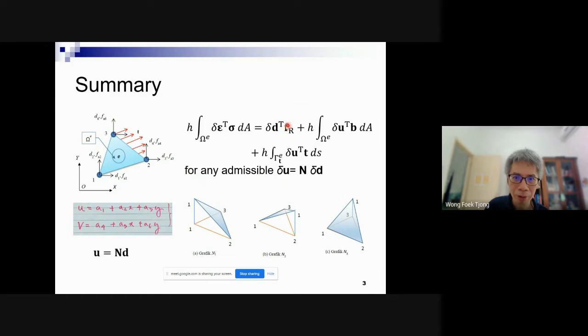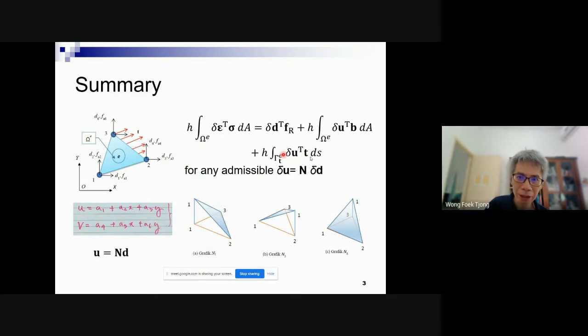On the left hand side is the virtual strain energy, and on the right side is the virtual work of the actual forces through virtual displacement. The forces are actual, but the displacements are virtual.